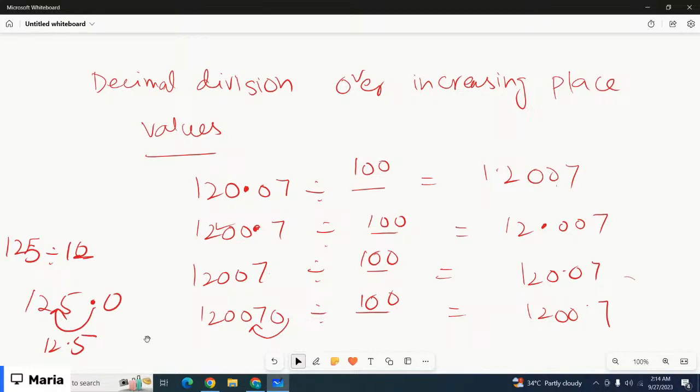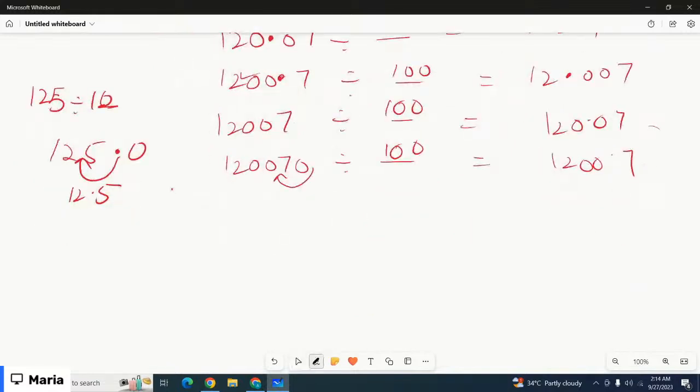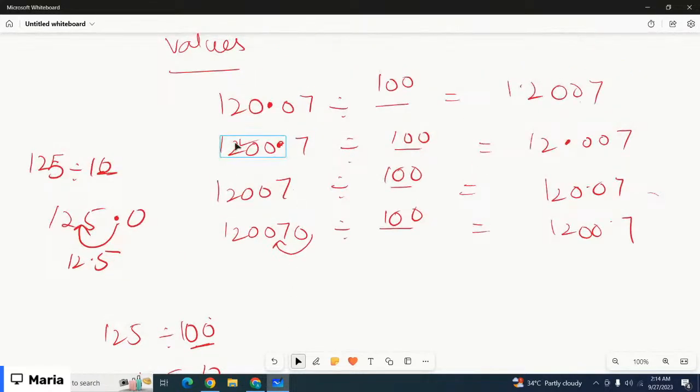And for example, if you have to divide 125 by 100, you have two zeros here. That means you need to move the decimal point 2 places left. So it is moved from here to here. So it would be 1.25, right? So this is the same concept we have used here. Basically, you are given this part and this part is missing. You have to find the missing part, right?